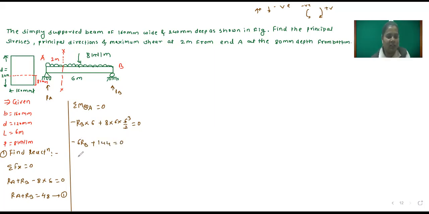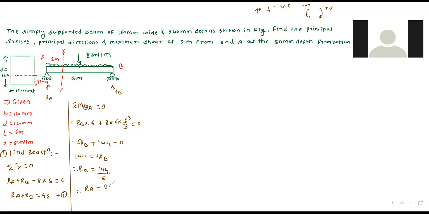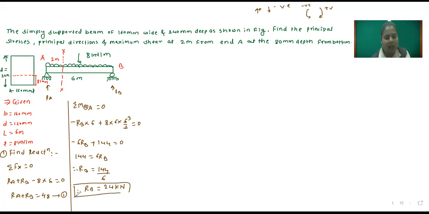Now we shift this 6 RB to the right side. So 144 is equal to 6 RB. Therefore RB is equal to 144 divided by 6. Therefore RB is equal to 24 kilonewton.